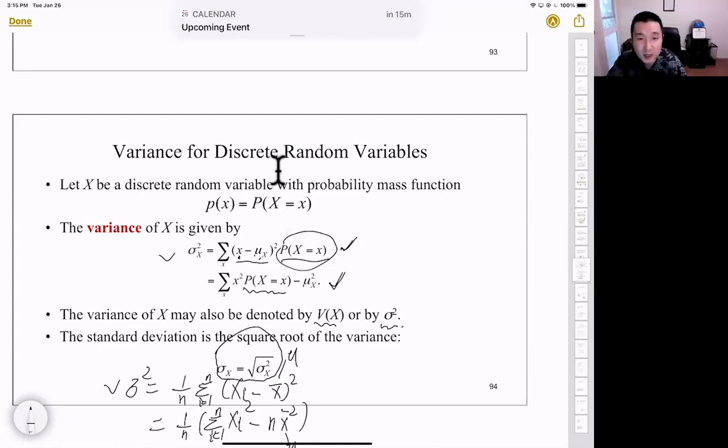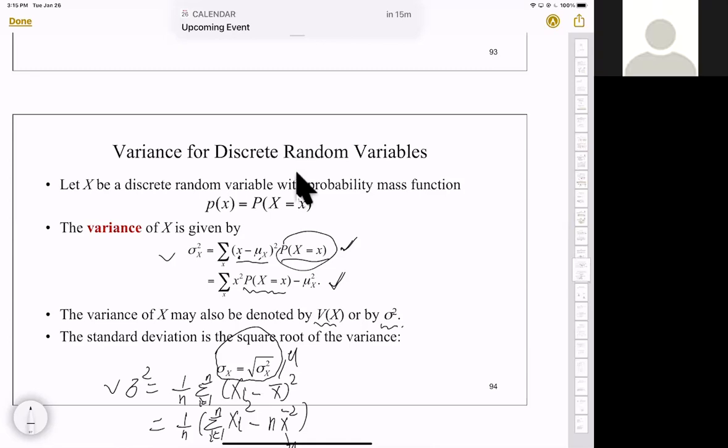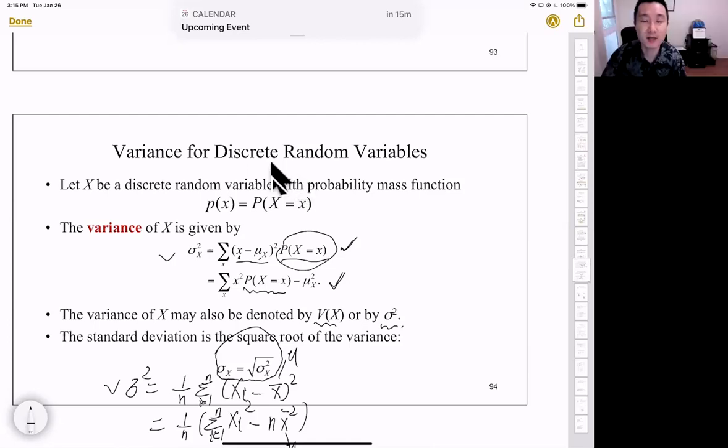Why did he choose x equal to 0 and x equal to 1 for the variance? I don't know which example you're referring to, Kira. Maybe you can ask me after the class, Kira. Okay, sorry. I think that's the time.